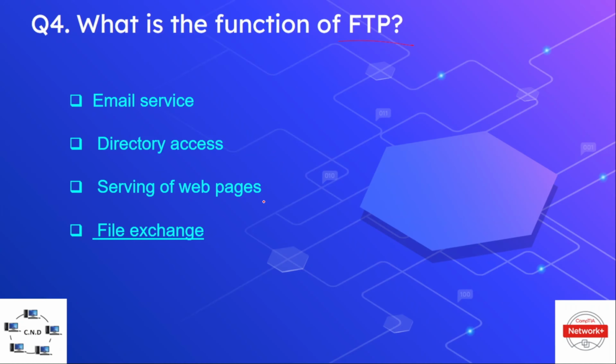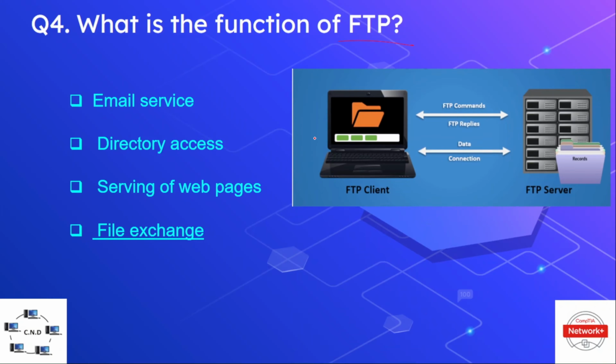Let me give you a visual of how FTP works. Let's suppose this is an FTP client and this is an FTP server. There is an exchange of commands between the server and the client, as well as an exchange of data, and basically two connections are used. One is for FTP commands and the second connection is used for exchange of data.